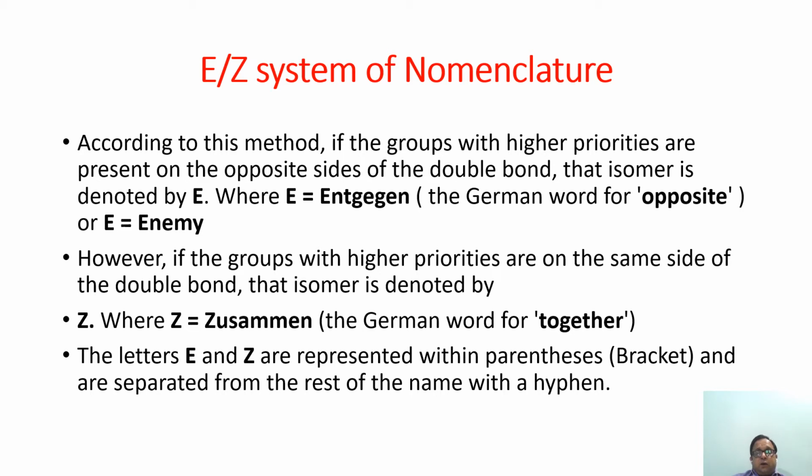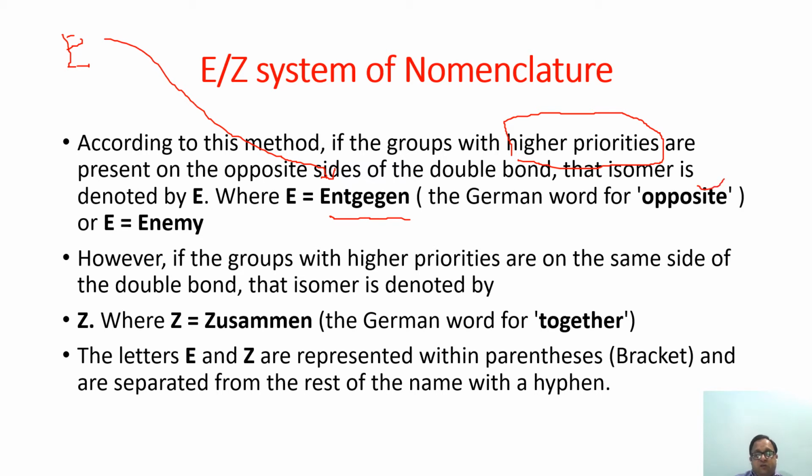According to this method, if the groups with higher priority, please mind, I am saying the groups with higher priority, are present on opposite sides of the double bond, this isomer is represented by the letter E. E stands for entgegen, a German word that means opposite.